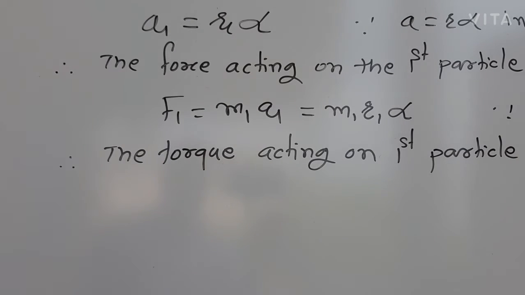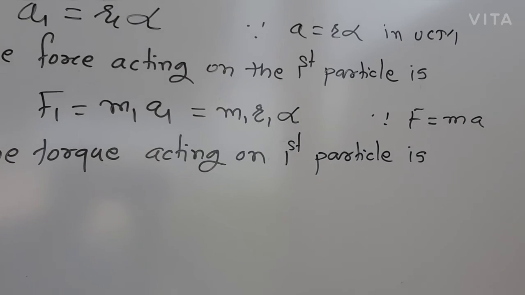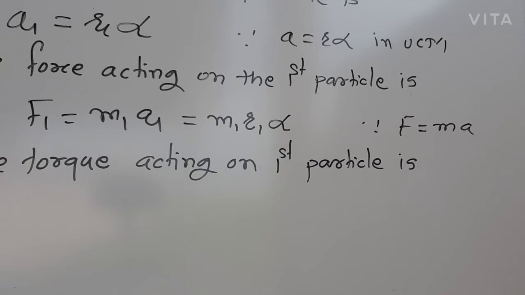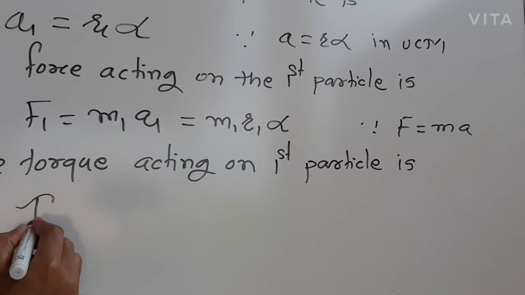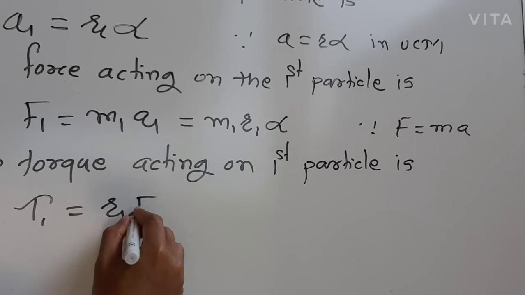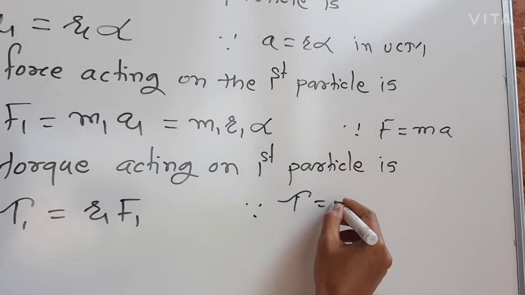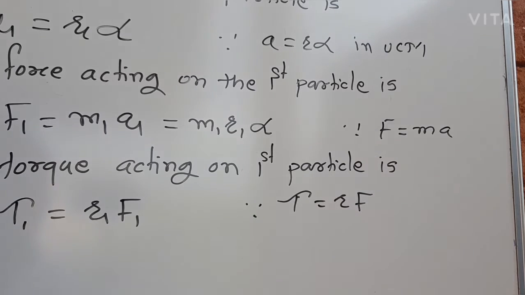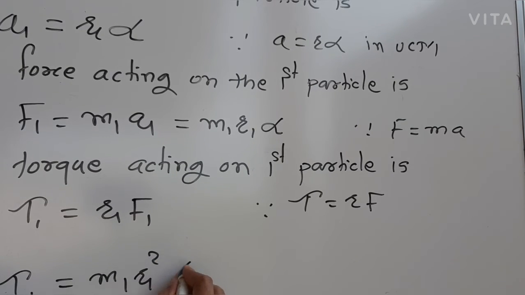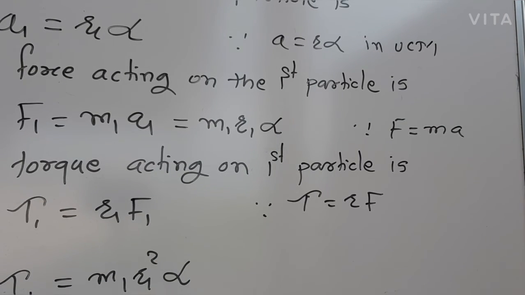Therefore the torque acting on the first particle is tau 1 equal to R1 into F1, because tau is equal to R into F, and therefore tau 1 is equal to M1 R1 square into alpha.